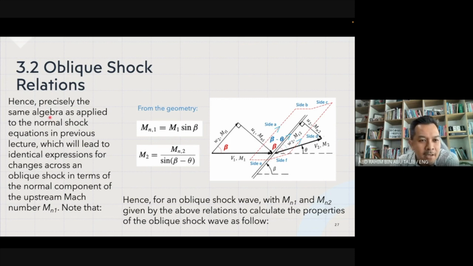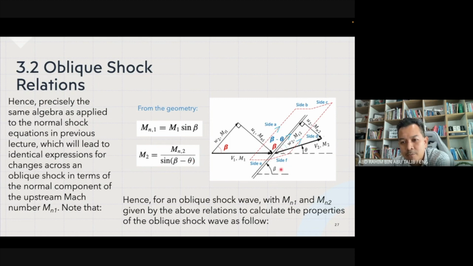Hence, precisely the same algebra as applied to the normal shock equations in our previous lecture in topic number 2 leads to identical expressions for changes across an oblique shock in terms of the normal component of the upstream Mach number, which is Mn1. Note that from the geometry, Mn1 equals M1 sine beta, and M2 equals Mn2 over sine of beta minus theta.